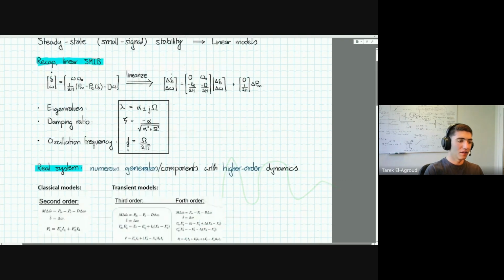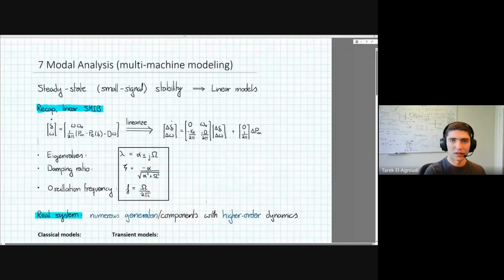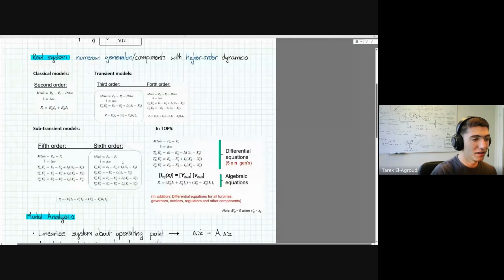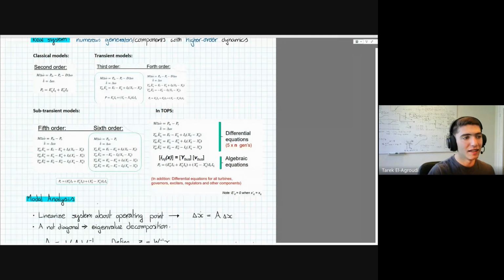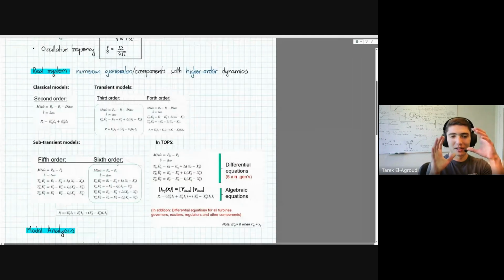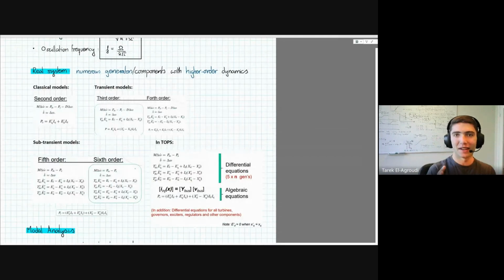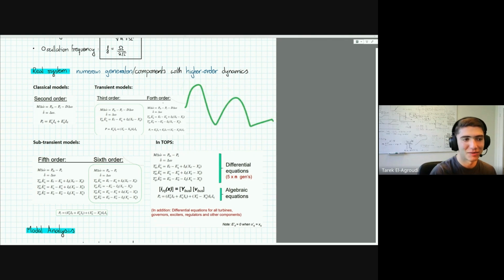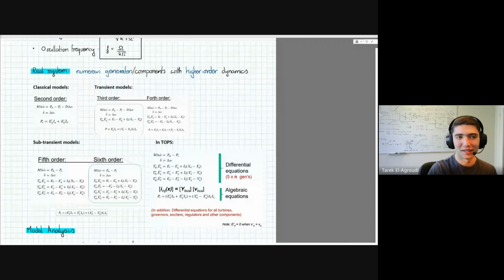If you have a real system with numerous generators, then you have many assortments of these models. Unfortunately, these models are all linked together, so they all affect each other and there are interrelations. You can't just say that there is one frequency of oscillation and one damping associated with one generator and another associated with another generator.